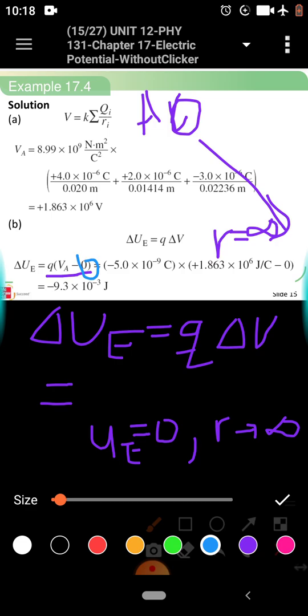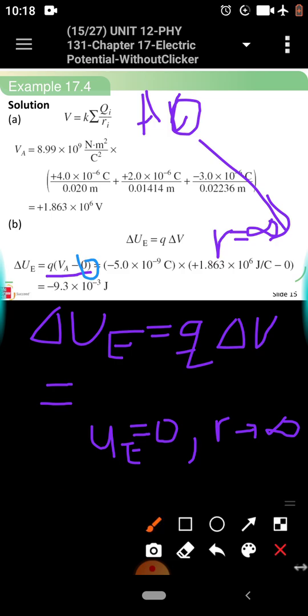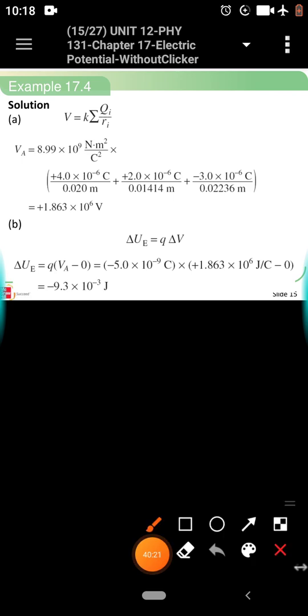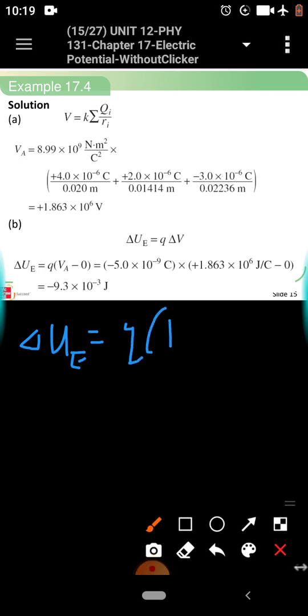I think I've tried to explain this part. So U_E is equal to Q times V final minus V initial.